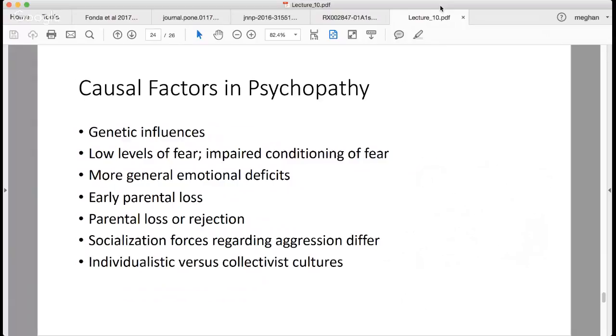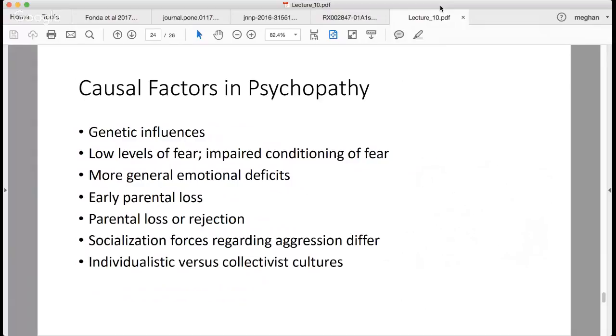Low fear and impaired fear conditioning may explain some of the risk-taking behaviors associated with psychopathy. Psychopaths high on the dimensions of the first factor of the PCL-R, the Psychopathy Checklist Revised, so those more associated with fearless dominant, interpersonal affective types of behaviors, show poor conditioning of fear.